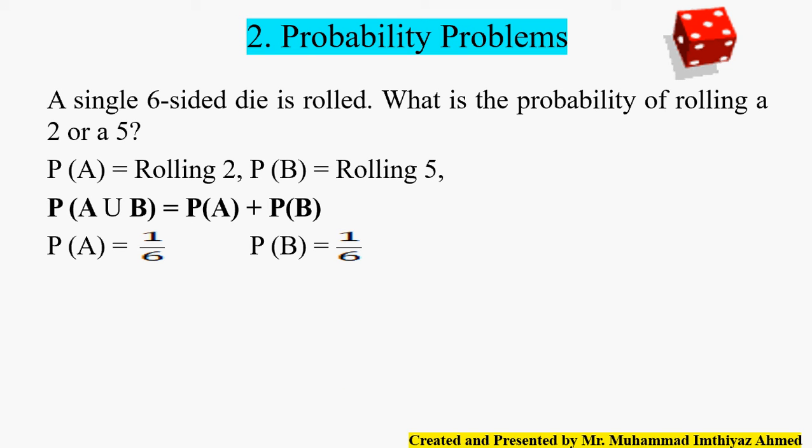So these 2 results we need to add by using this formula. So adding probability of A union B, it is 1 by 6 plus 1 by 6. Our answer will be 2 by 6. So with this, problem number 2 answer is over.